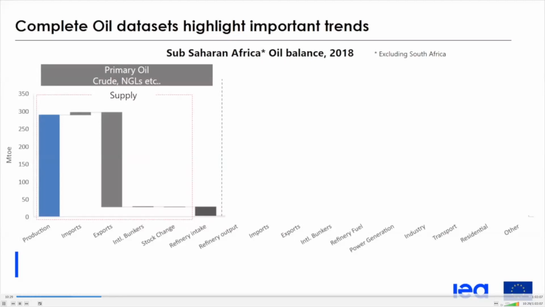But since the capacity and activity of refineries is very low in Sub-Saharan Africa, we have very few imports of those primary oil products and a vast majority is exported toward other countries who will do the activity of refining those primary products.